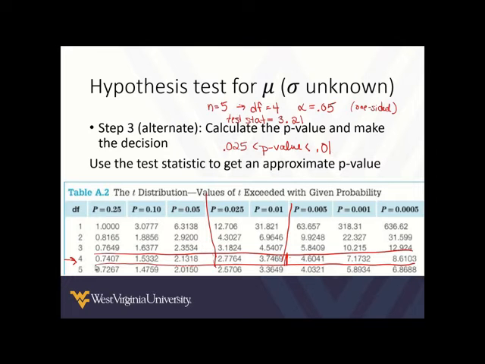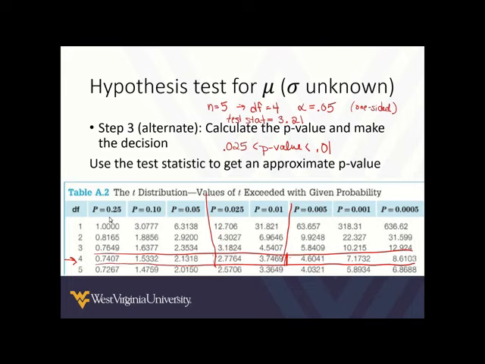And so you may be asking what happens at the end. So if we had a test statistic that was greater than 8.6103, then that means our p-value would be less than 0.0005. And if our test statistic was less than 0.7407, then we would assume that the p-value is greater than 0.25.